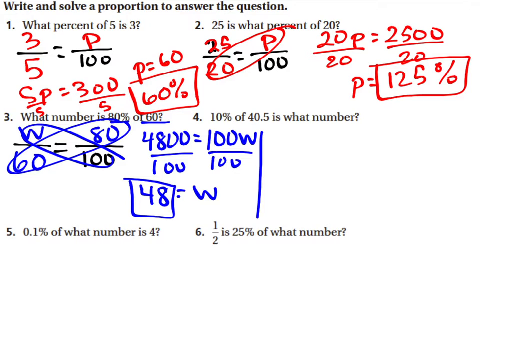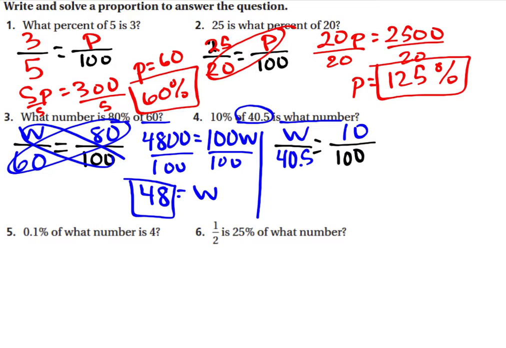Okay, next example. 10% of 40.5 is what number? Well, we start with our fraction equals fraction out of 100. Then let's fill in some information. It is 10%. It's of 40.5 and is what number? We don't know the number, but it's out of 40.5.